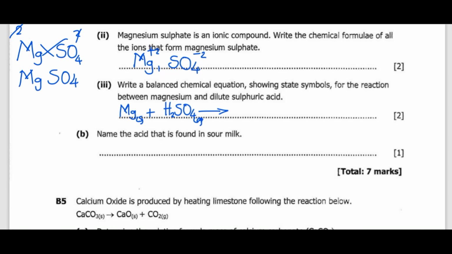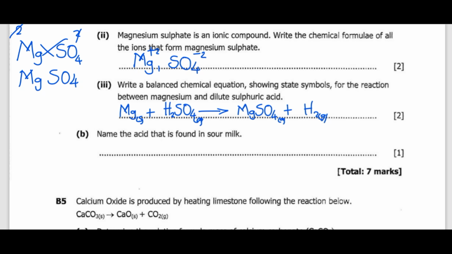Then we know that magnesium sulfate is MgSO4 aqueous plus hydrogen diatomic gas. For a reaction like this one, we know that we have a balance because we have 2 atoms of hydrogen on the reactant side and 2 atoms of hydrogen on the product side. So this equation is already balanced.